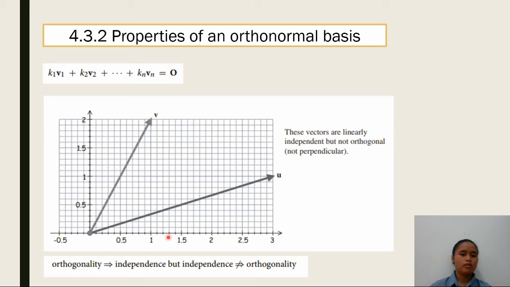So independence does not imply orthogonality.